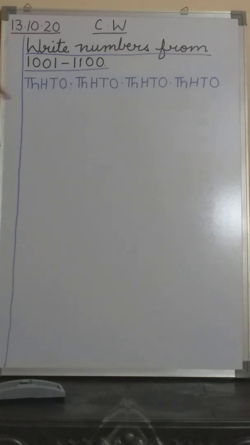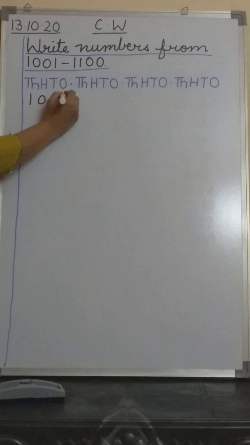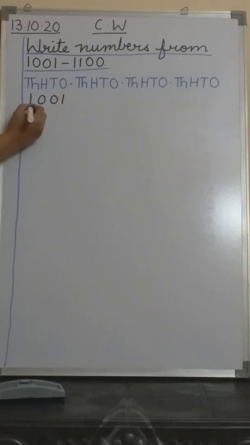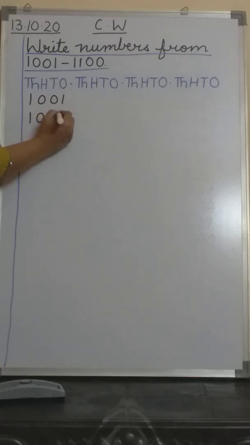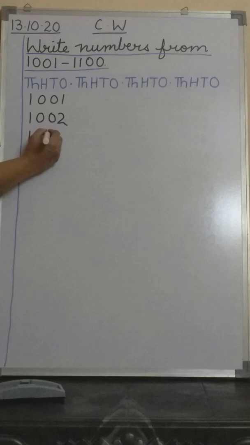Now we will leave a box and you will write. Please leave boxes and write. Okay? Now boys, you are going to say and write. See how ma'am is saying and writing. 1001. Leave a box and write 1002. Leave a box and write 1003.